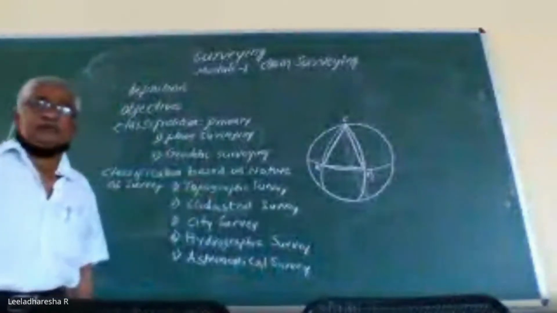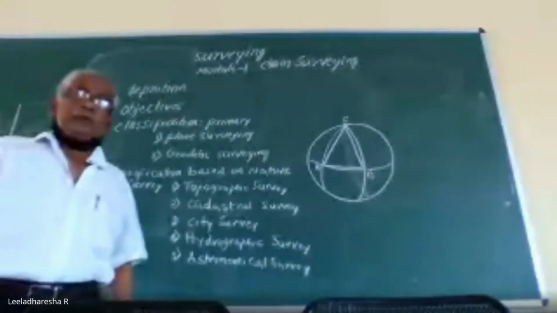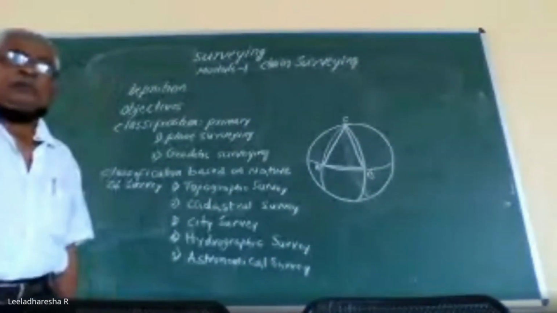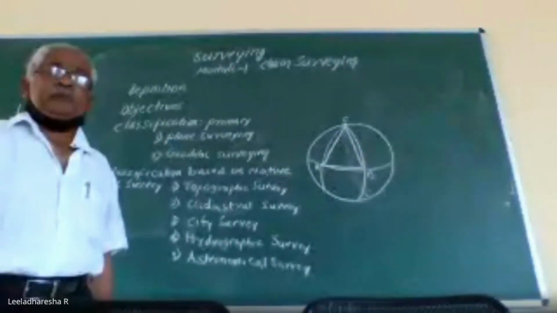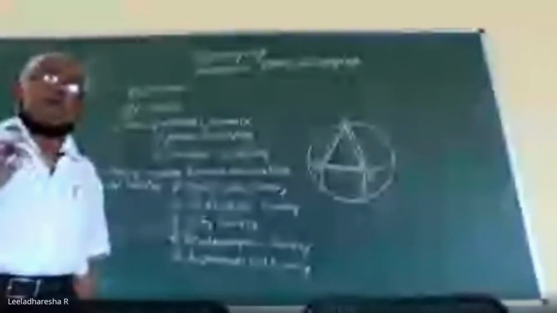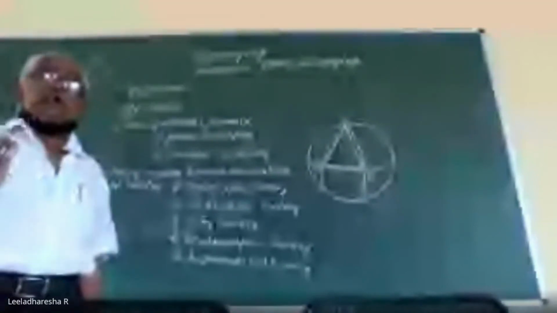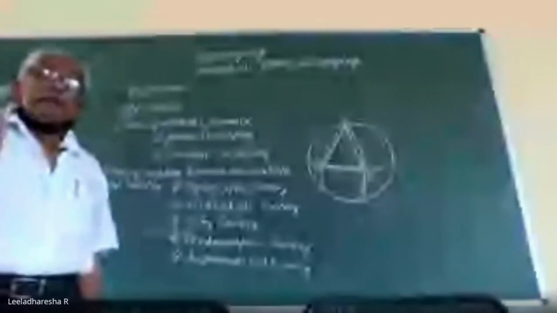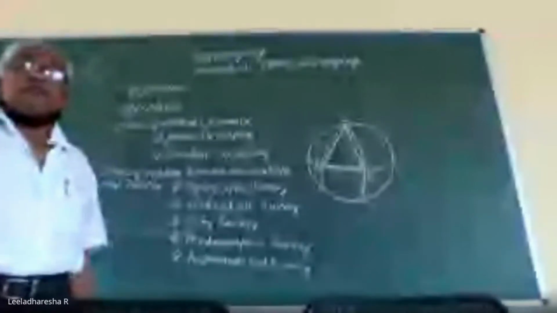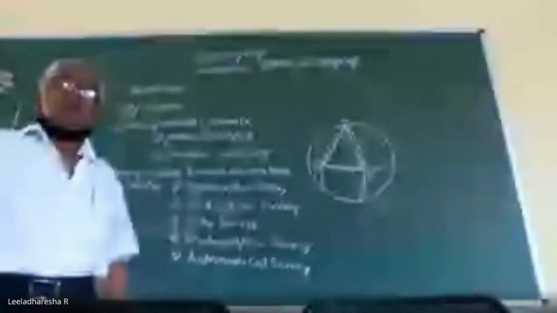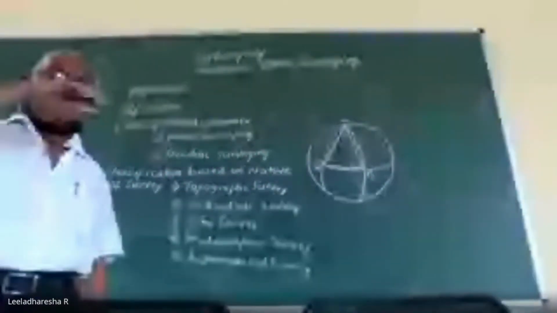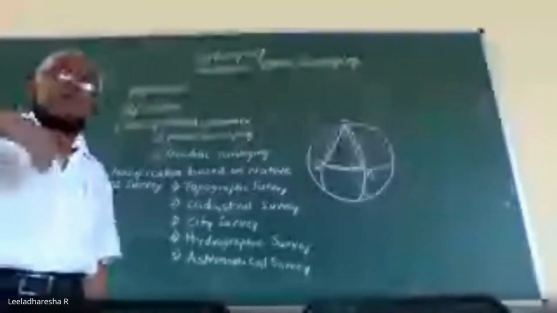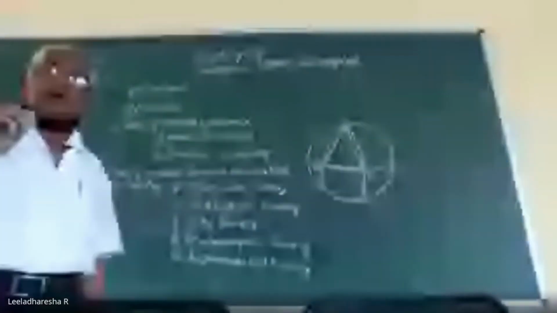The first one is called topographic survey. To prepare a topographic map, what is a topographic map? A topographic map is a map which indicates the position of various points on the surface of the earth. For example, take the complete Elanka Taluk.